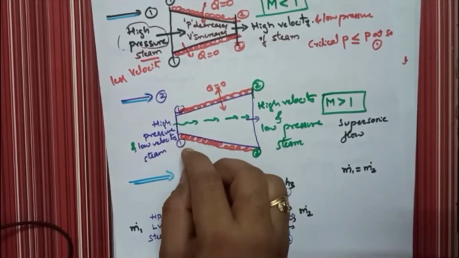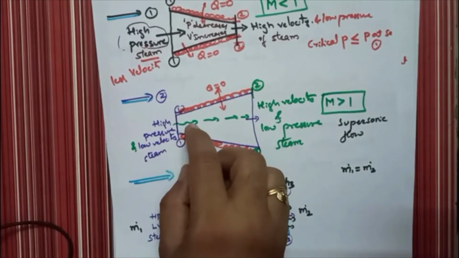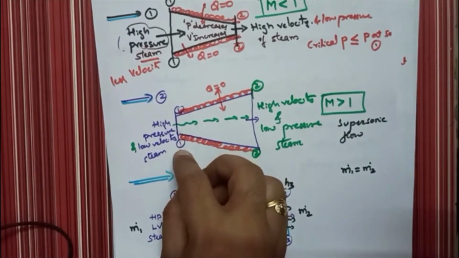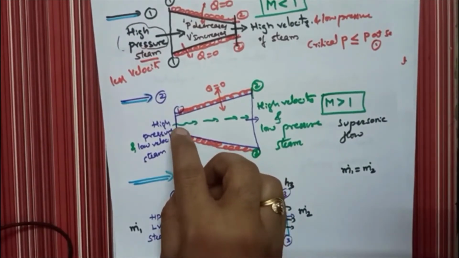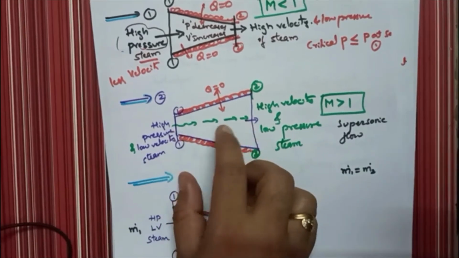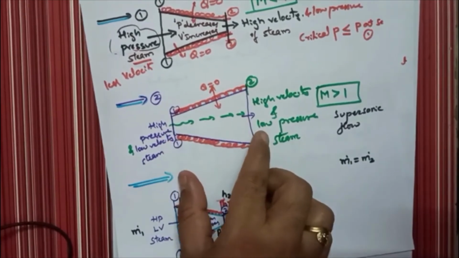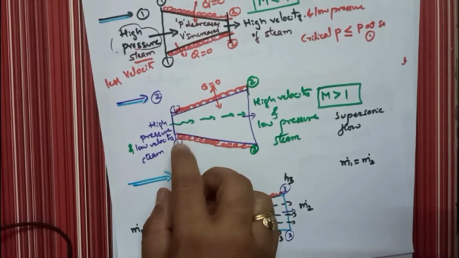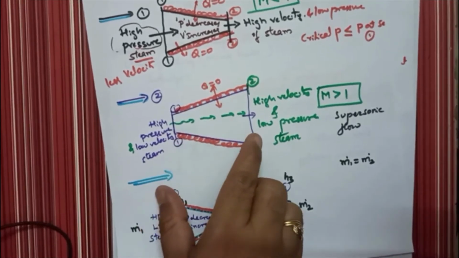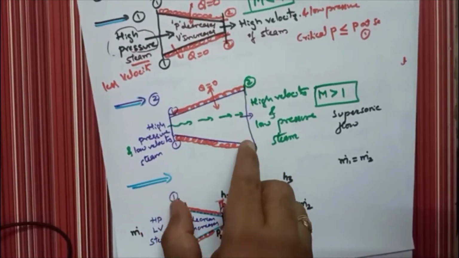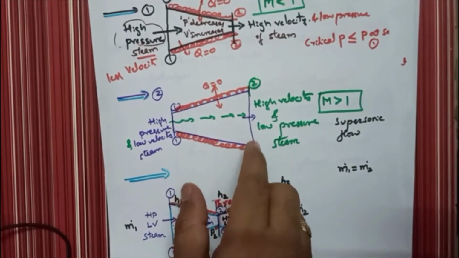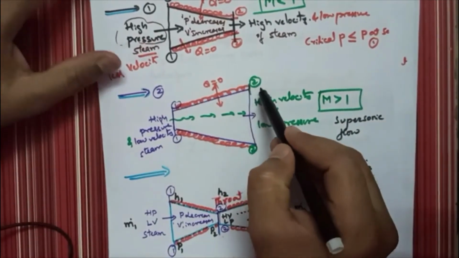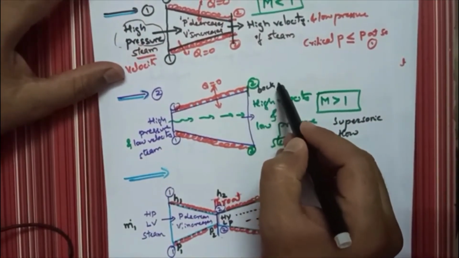Understood? If the pressure at point number 1 is more, then only the fluid flows from one region to another, from inlet to outlet. So here the critical pressure is more than the pressure at section 2. This is called back pressure. Remember the word back pressure. I will write here: back pressure.